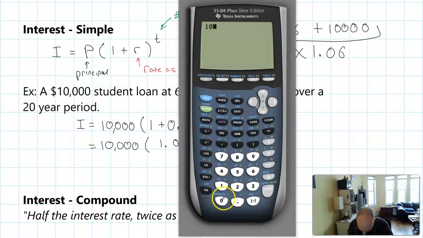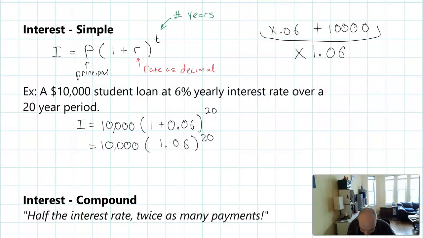I could do 10,000 times 1.06. The 1 represents what's already there. The 0.06 represents the 6% growth. Hey, it's the same number. So adding that 1 sort of encapsulates everything about having the rate as a decimal, but still letting us use it in an equation. And then since I can now do that in one step, I just have to do that 20 times to represent the 20 years of the loan.